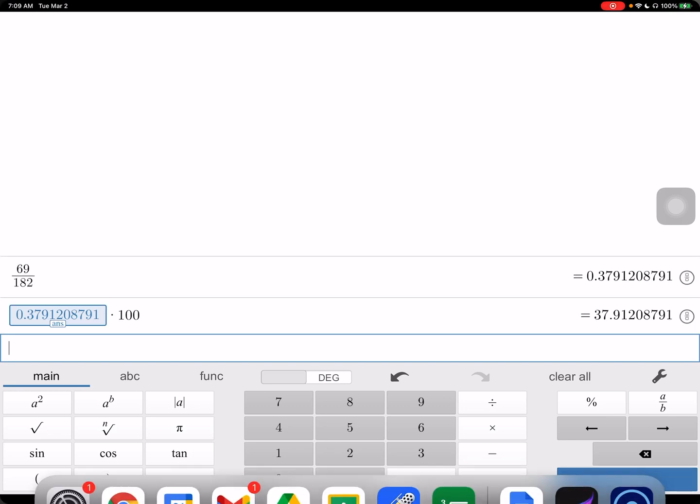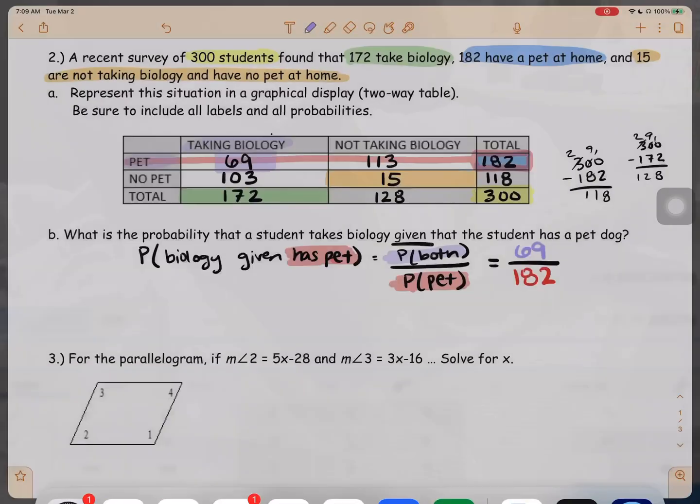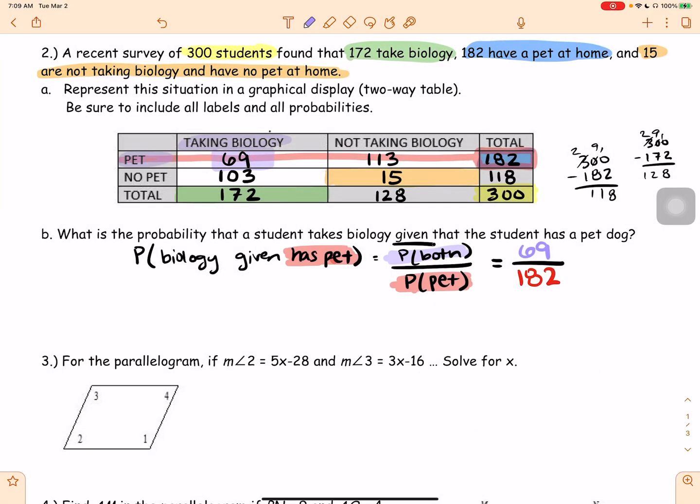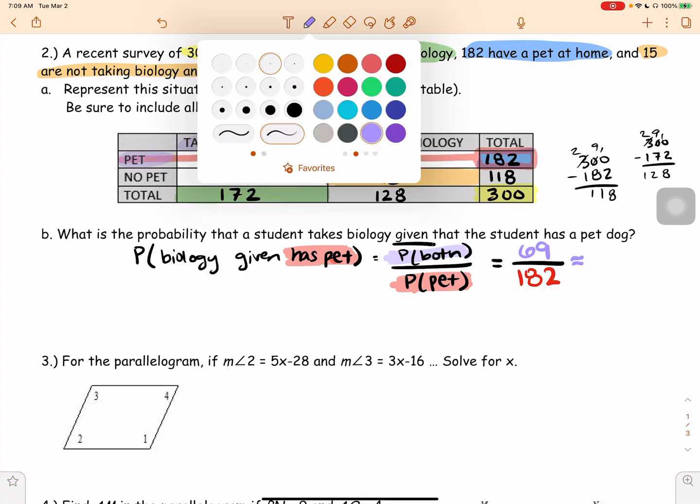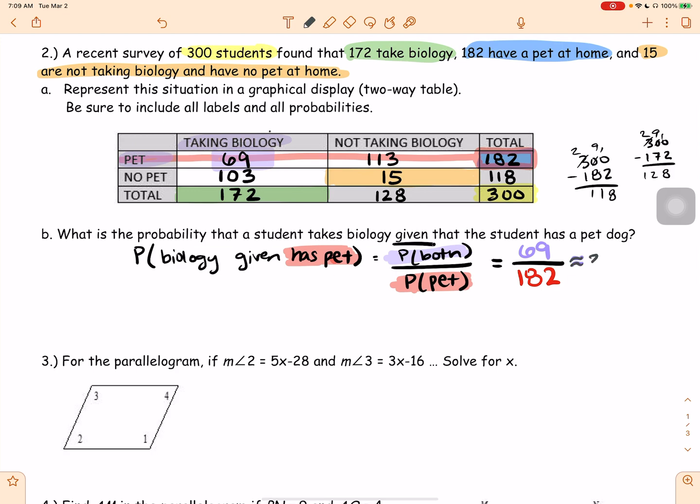So about 39.71% of students are taking biology given we know they have a pet. Okay? So out of the students who have a pet, 39.71% of them are taking biology. And that's it for that one.